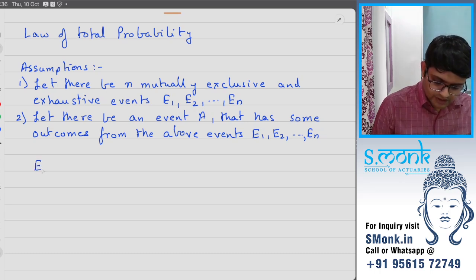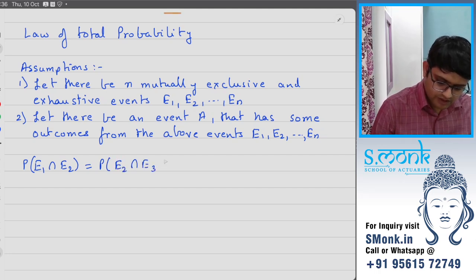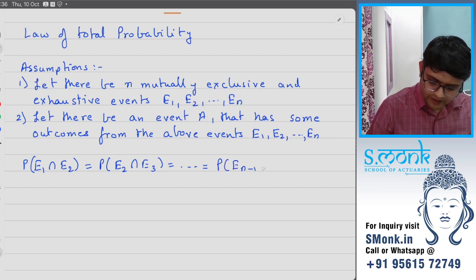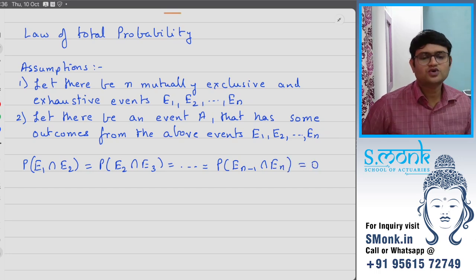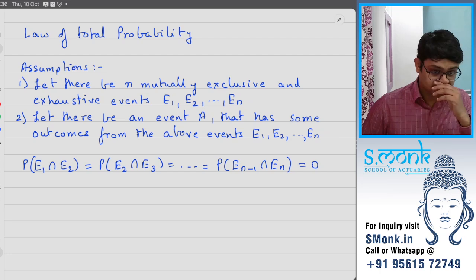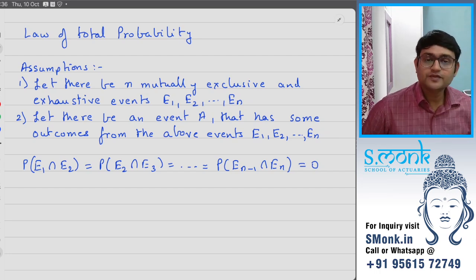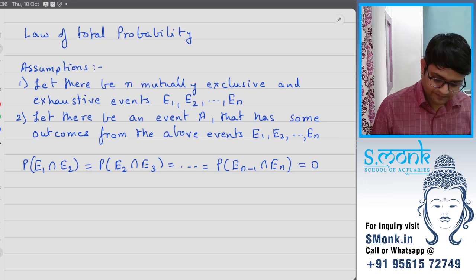So I'll say probability E1 intersection E2 will be same as E2 intersection E3 and all such combinations, till let's say the last one, probability En minus 1 intersection En. These should all be 0, all possible combinations. There should not be anything in intersection between them.